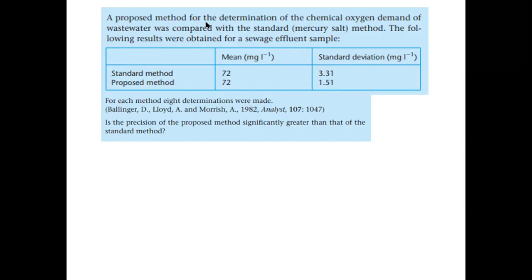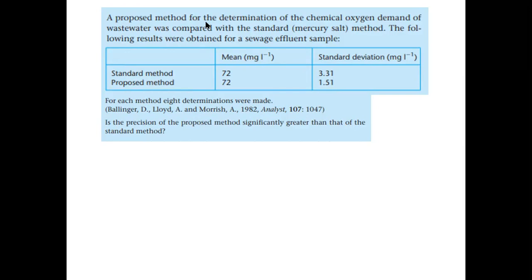So what does the question ask? For each method, 8 determinations were made. So for both methods, the number of samples was n equals 8. And it asks, is the precision of the proposed method significantly greater than that of the standard method?